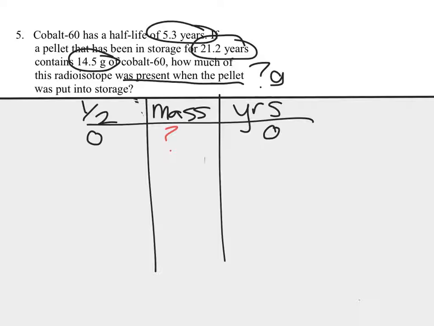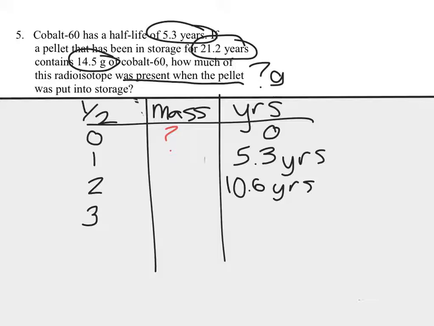However, we do know that this thing sat for 21.2 years, and every 5.3 years is a half-life. So that means as 1 half-life went by, 5.3 years passed. If 2 half-lives went by, another 5.3 years passed, which is 10.6 years. If another half-life went past, another 5.3 years passed, which means that about 15.9 years have passed because we just continue to add 5.3.